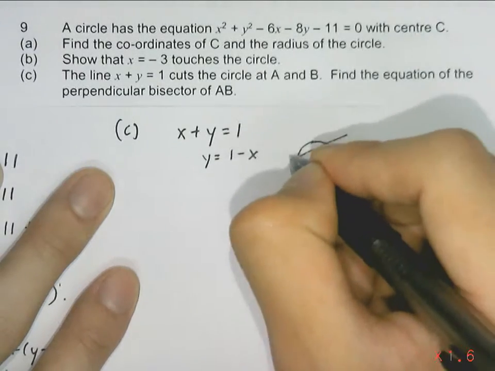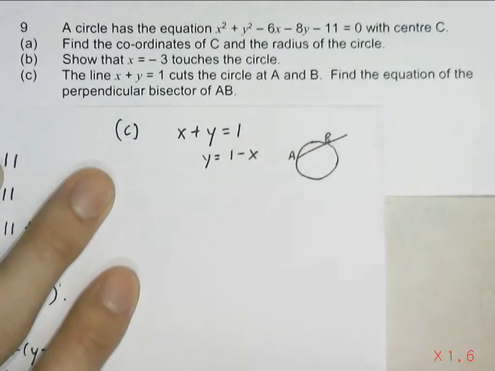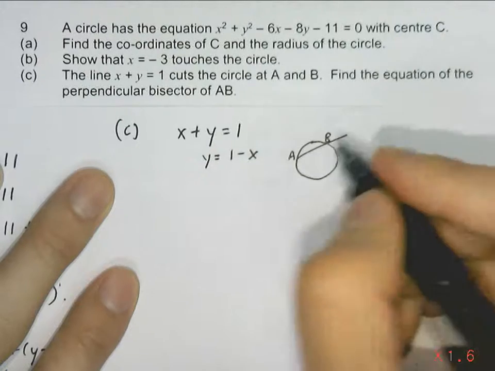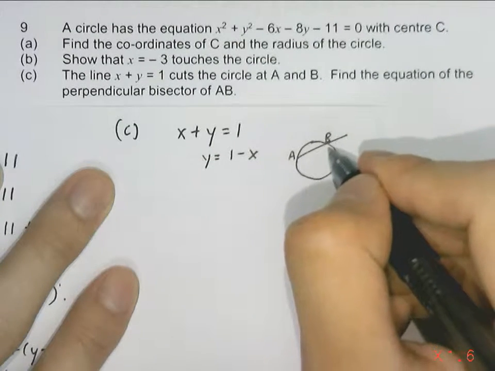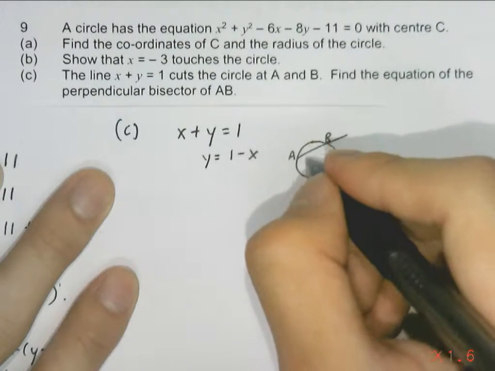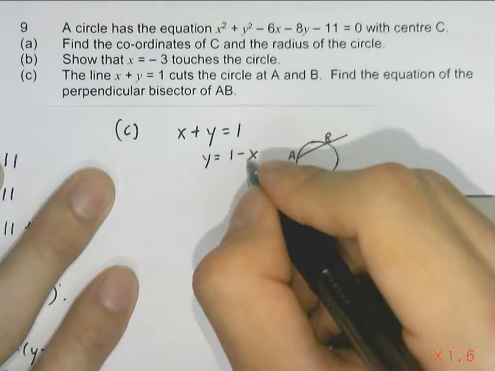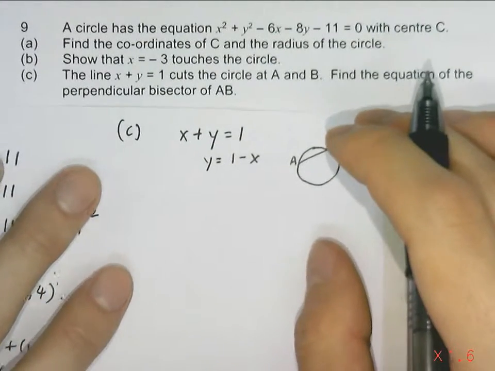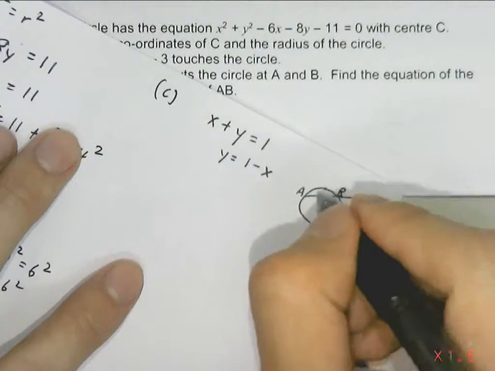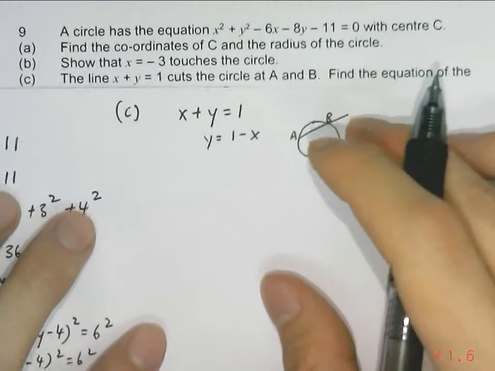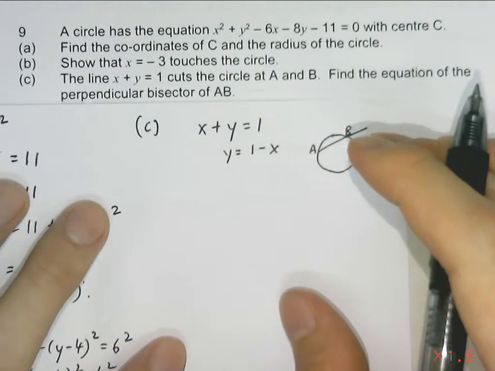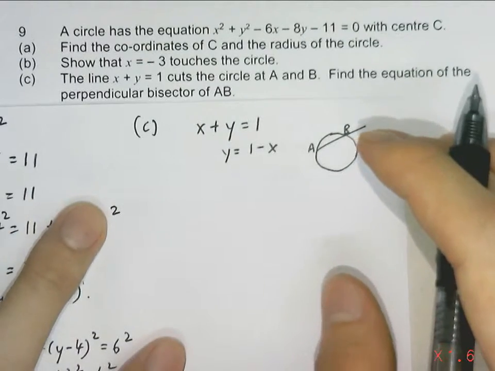If the line cuts at A and B, the line AB will form a chord. So the chord has gradient minus 1, a negative line because it comes down. We need to find the equation of the perpendicular bisector.